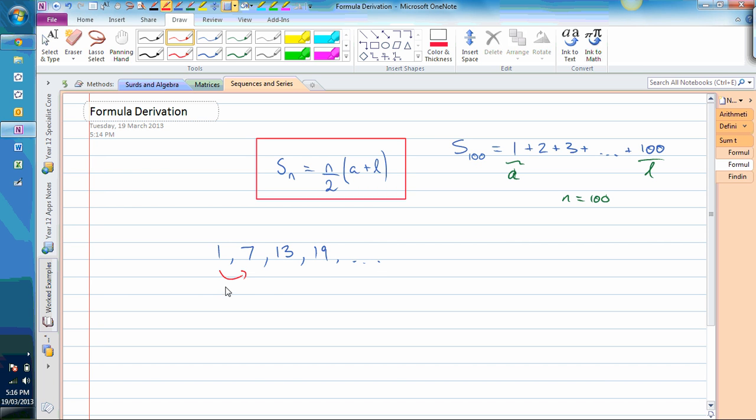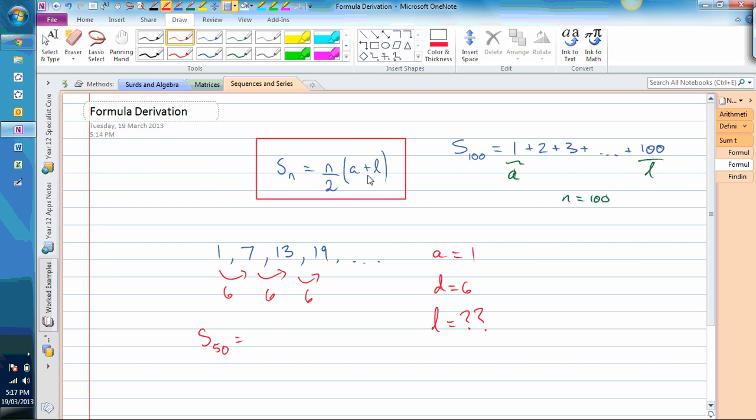The common difference here is pretty clearly 6. And the first term is clearly 1, but we actually don't know what the last term is. And so we wouldn't be able to straight away use this formula.